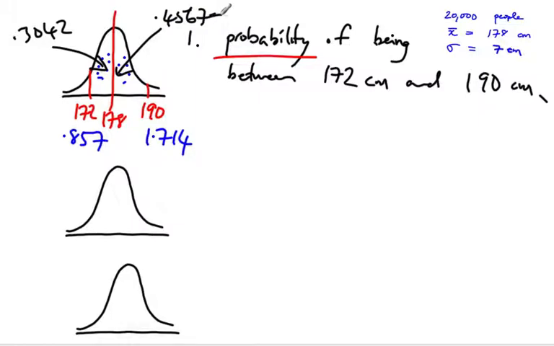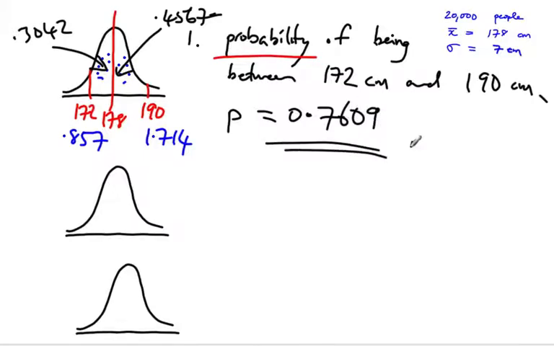All we have to do to answer the question is add those two decimals together. There it is. Probability equals that plus that, which is 0.7609. And guess what? How much room for another number in this question is there based on what I've just done?